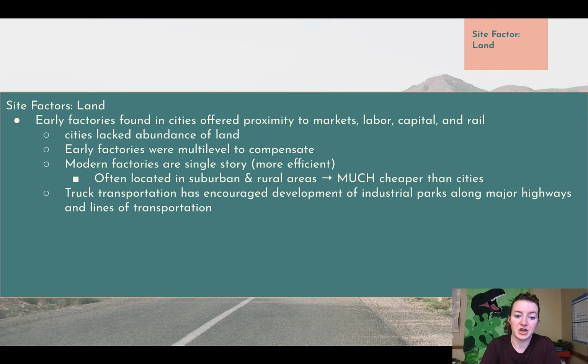Truck transportation also has encouraged the development of industrial parks along major highways and lines of transportation. One of the things we want to think about with this concept especially is the idea of edge cities. So with truck transportation, with cars, with all of these highways and things that go along with it, we can put stuff farther out.